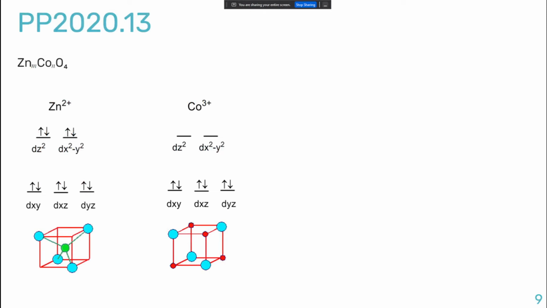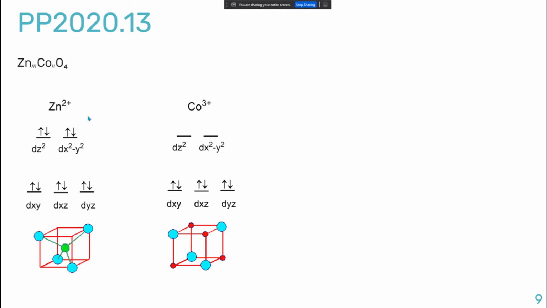Now let's go to another question. This is a kind of absurd question because now a very large part of this question, of the whole problem, was dedicated to such Spinel structures where you have two kinds of ions and you are asked to draw the diagrams for them.